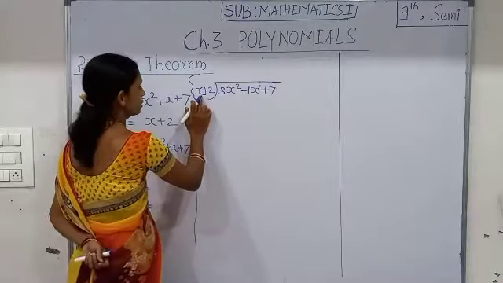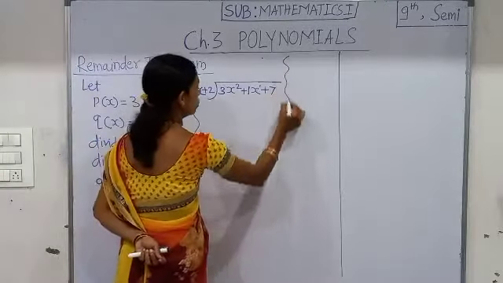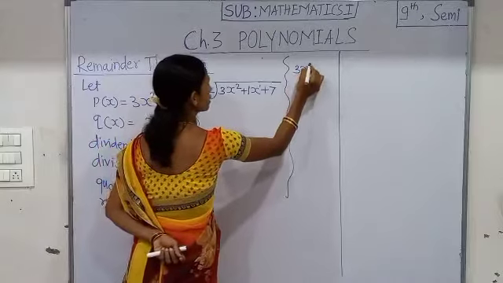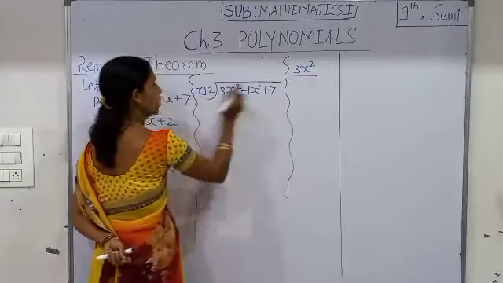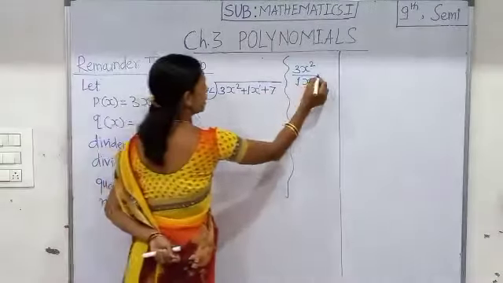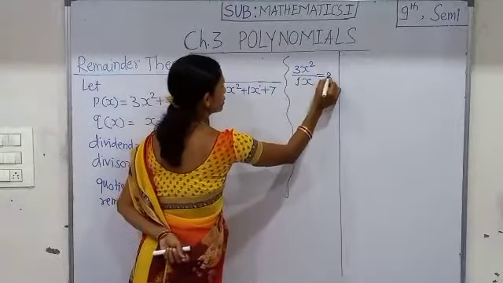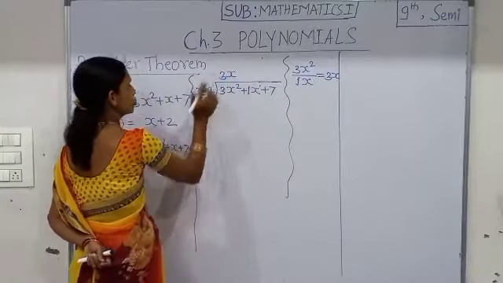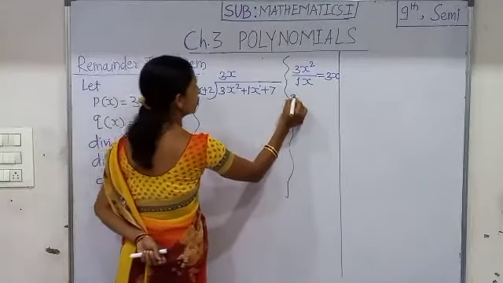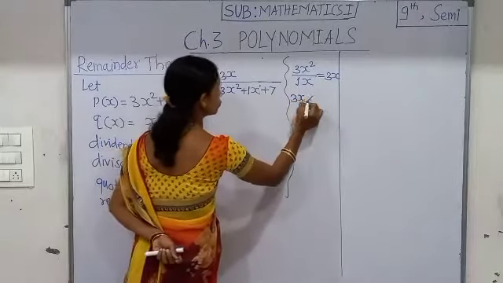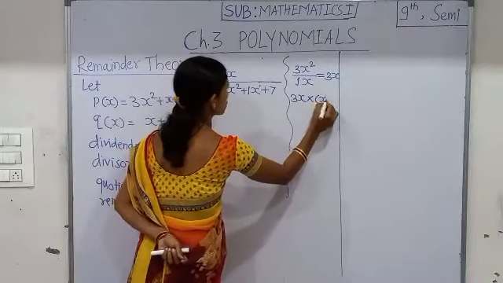First we divide 3x square by 1x, the first term of the divisor, and we get 3x. That 3x is written in the quotient, and then we multiply x plus 2 by 3x.